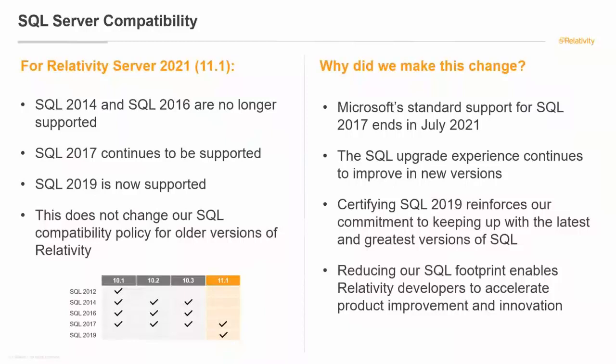The SQL upgrade experience continues to improve. Also, certifying SQL reinforces our commitment to keeping up with the latest and greatest versions of SQL. And last but not least, reducing our SQL footprint enables Relativity developers to accelerate product improvements and innovation.